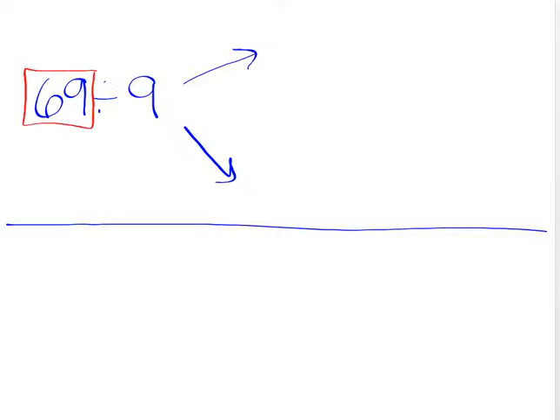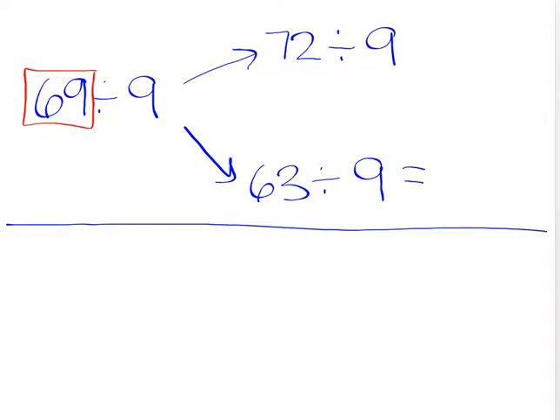So instead, is there a multiple of 9 that's really close to 69 that I could use instead to get close? So I could think of this as 72 divided by 9 because I know 72 is compatible with 9. Or I could think of it as 63 divided by 9.